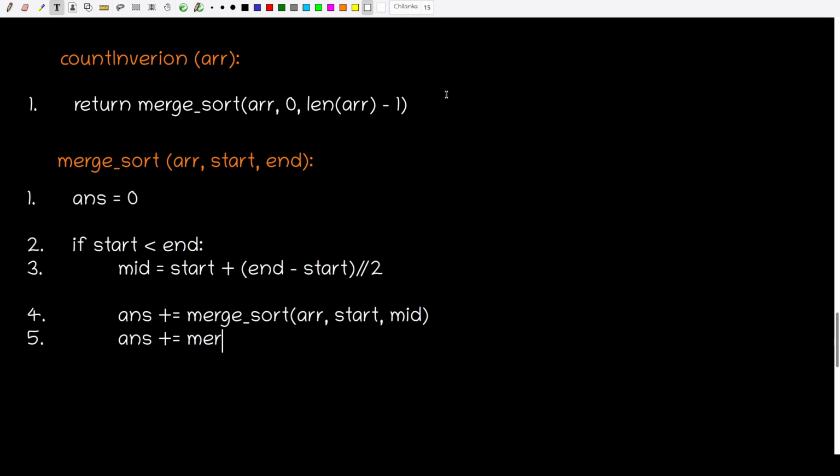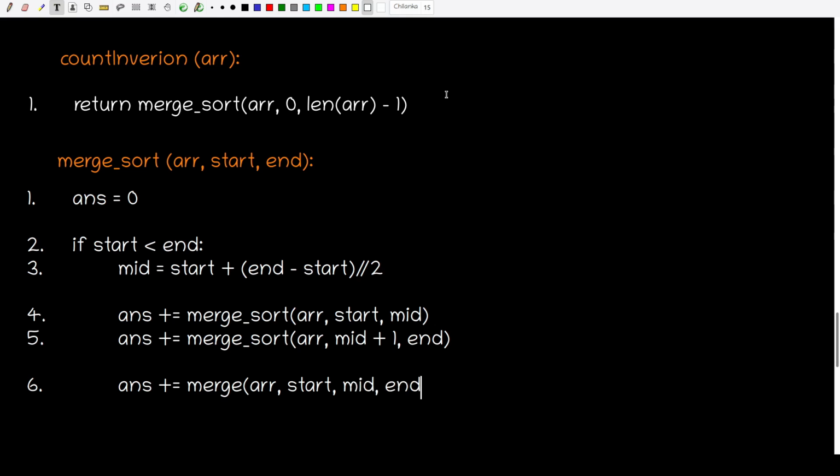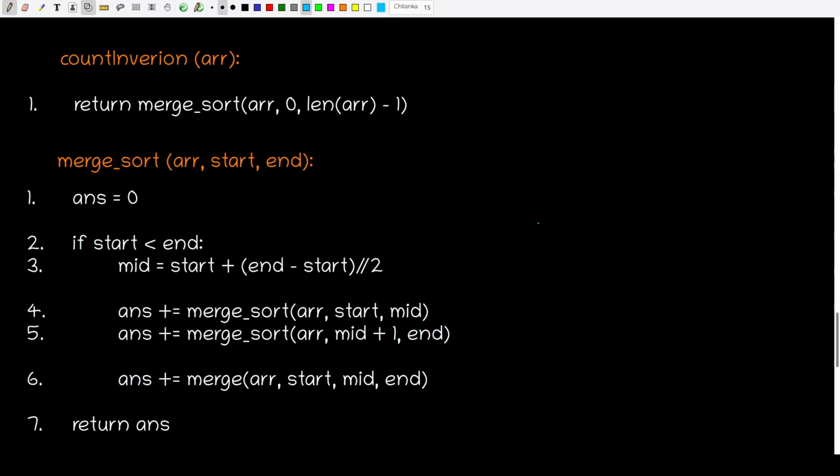So merge sort ARR, mid plus 1 to end position. And finally, this left and right part we are going to merge. So for that, answer plus equals to merge operation ARR, starting position, mid position and end position. And towards the end, we are simply going to return answer. So that's the merge sort function, folks.